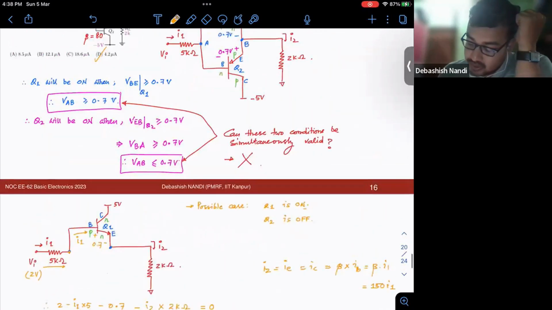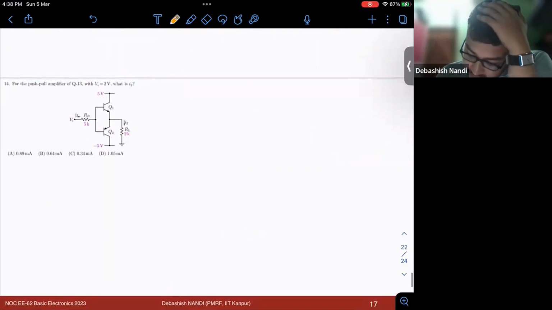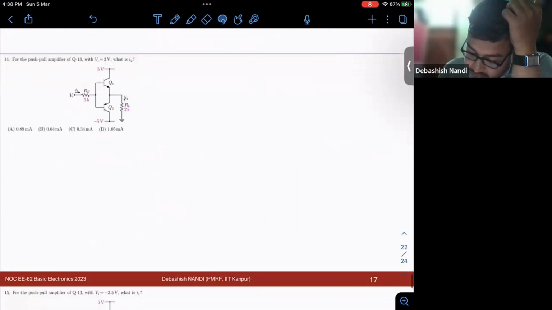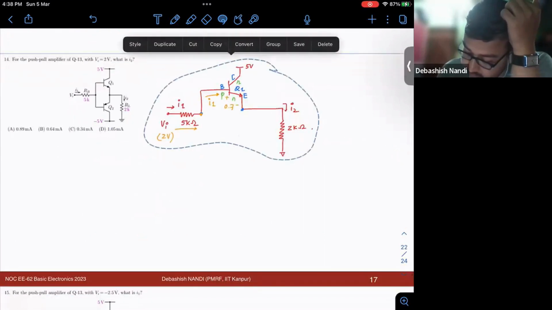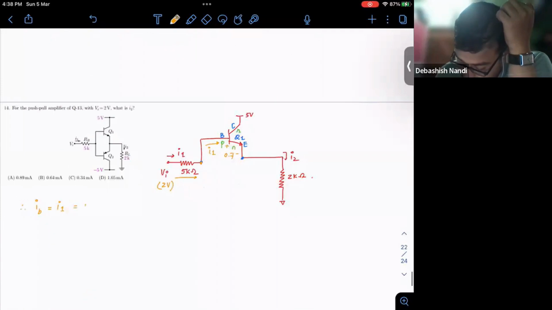Okay, moving on to the next one. For the push-pull amplifier with Vi equal to 2 volt, what is I2? Again, if I copy this circuit, I have found out IB equal to I1 equal to 4.2 microampere.